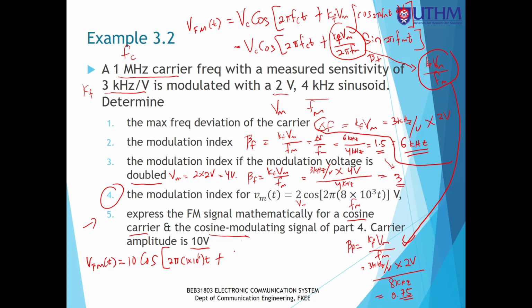Sorry, 0.75 sine 2 pi in bracket. So now the frequency of fm is 8 kilohertz from part 4, which is 8 kilo. And remember to close the big bracket. So this is the answer.